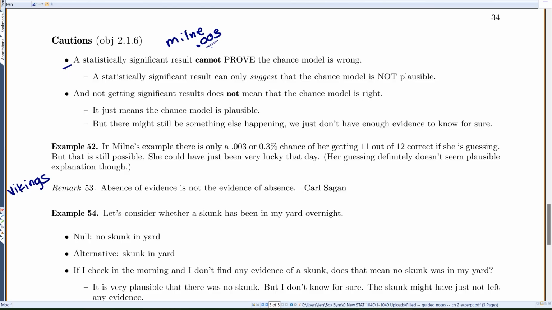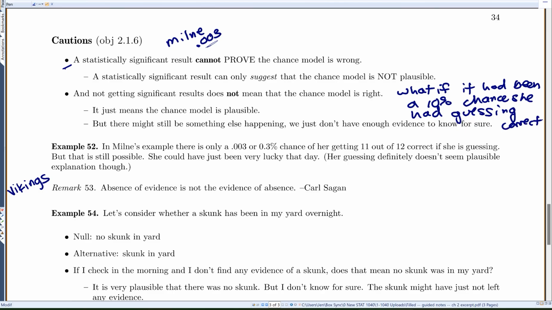And on the opposite side, if we don't get significant results, that doesn't mean that the chance model is right. It just means we didn't find evidence against it. So what if it had been a 10% chance of guessing correctly?